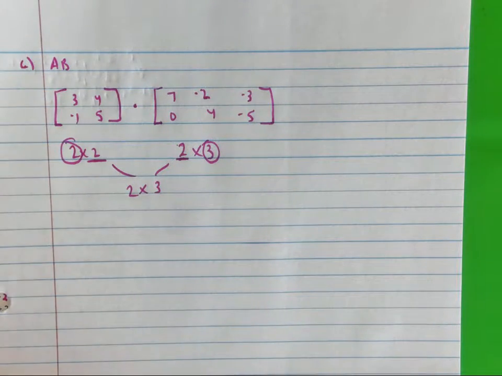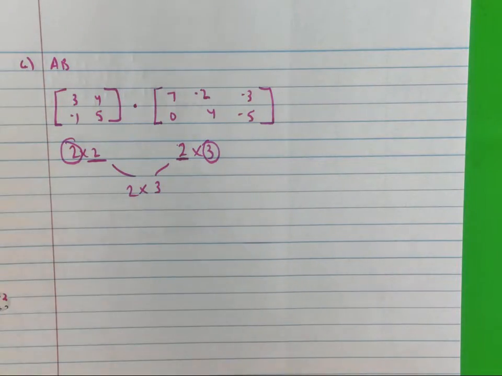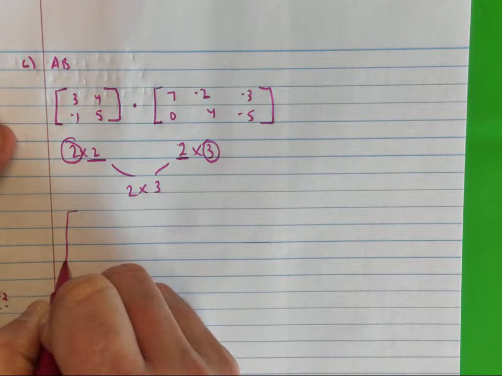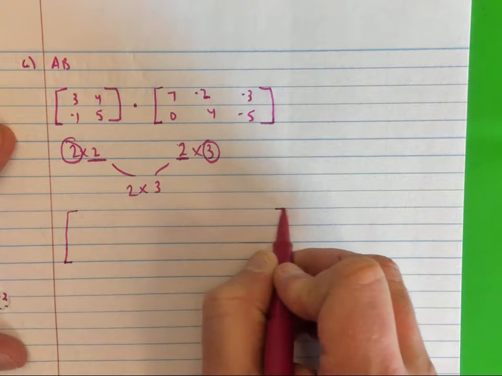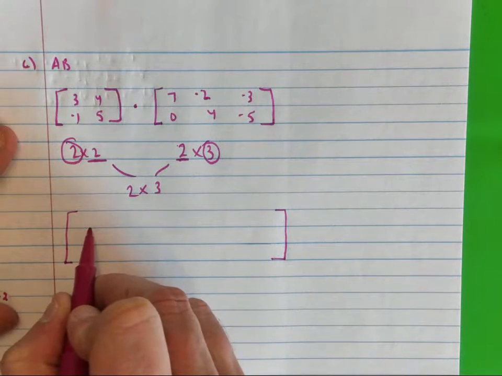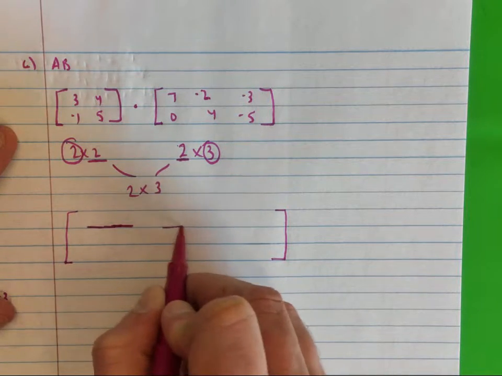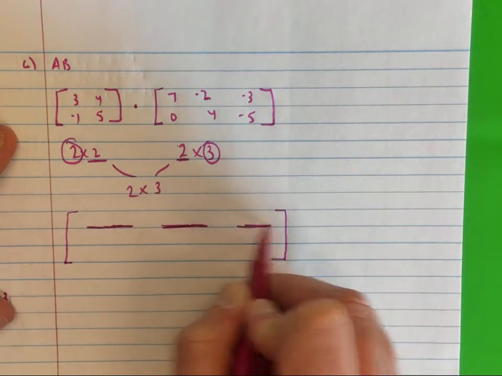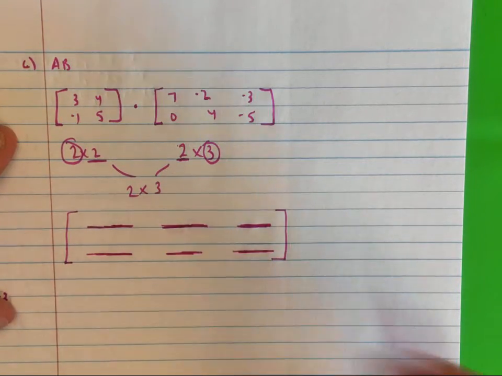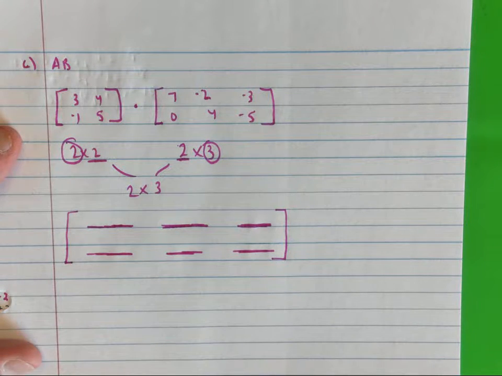So what I tell my students to do, guys, once you do this, a 2 by 3, draw a skeleton of this matrix. A skeleton to help you. A 2 by 3 would be 2 rows of 3 columns. Drew a skeleton. 2 rows, 3 columns.